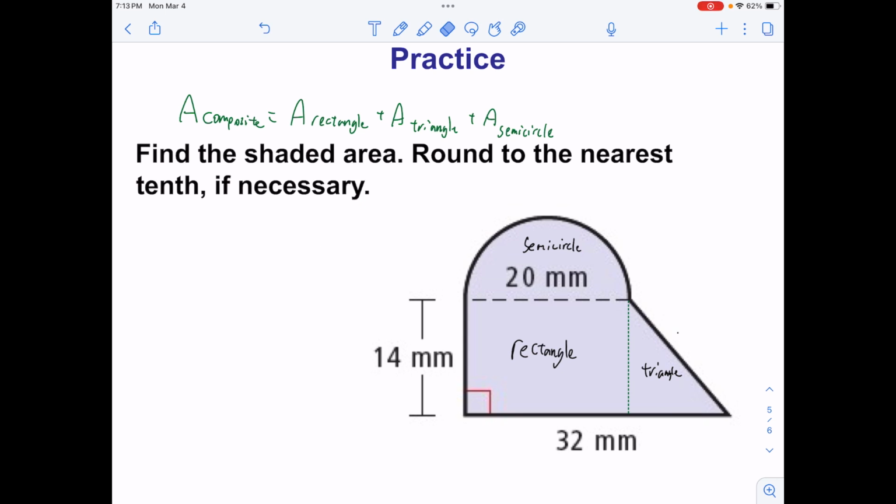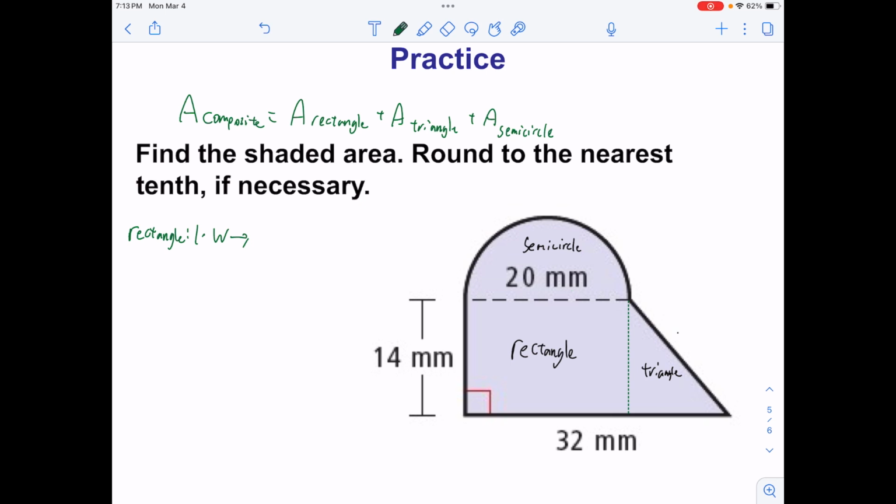Because the rectangle is, we know the area of a rectangle. It is length times width. And we know that the measurements for the rectangle, we actually have it. 20 millimeters, 14 millimeters, mm for millimeters.